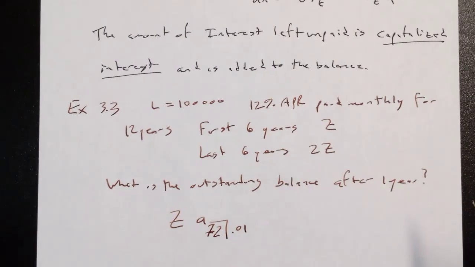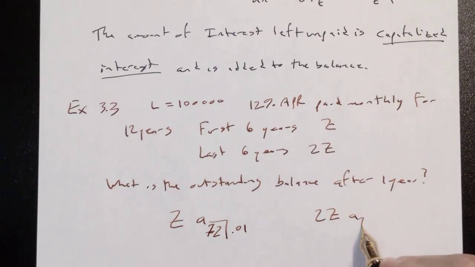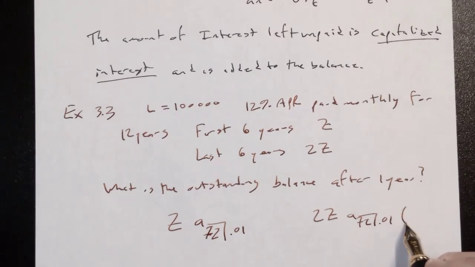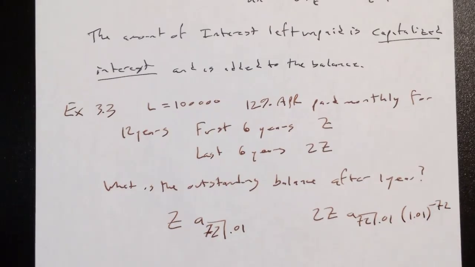For the next 6 years, the payment is 2Z. There are 72 payments at 0.01, but that would only take me 6 years, and I've got to go back to the beginning, which is 6 more years. So I have to multiply this by 1.01 to the negative 72 to bring that back in time to the day of the loan.